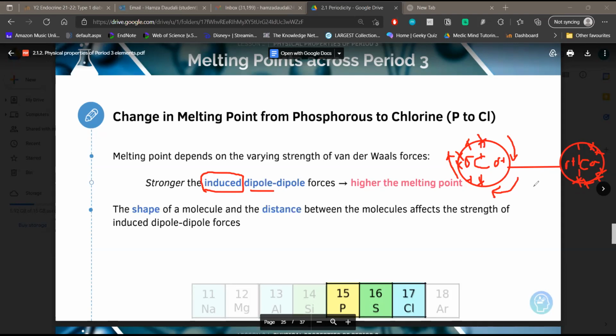So now, as you can see, oh wait, sorry. I think this would only work if the electrons were on the other side. Give me a sec, sorry. It would only work if the majority of the electrons were on this side.